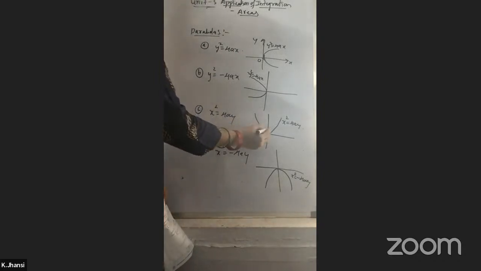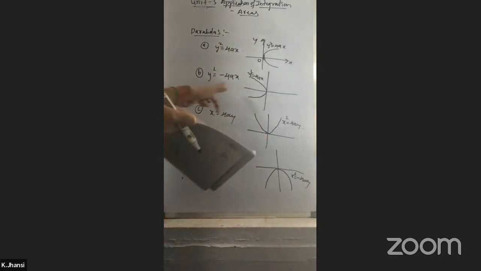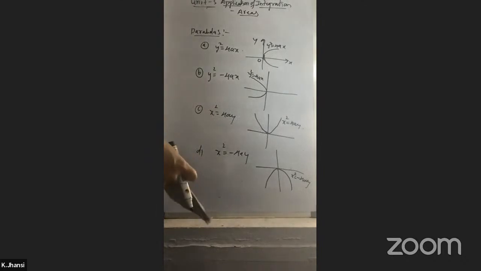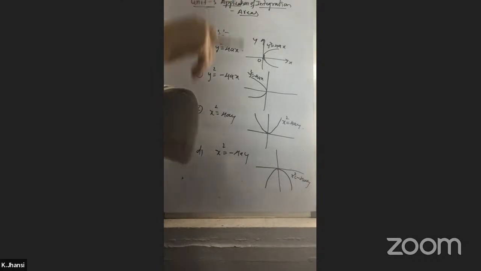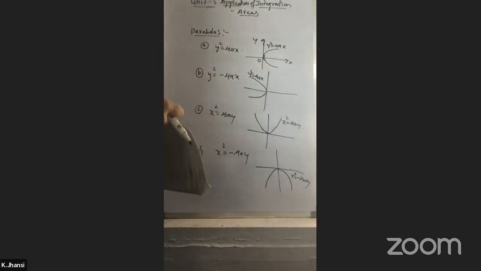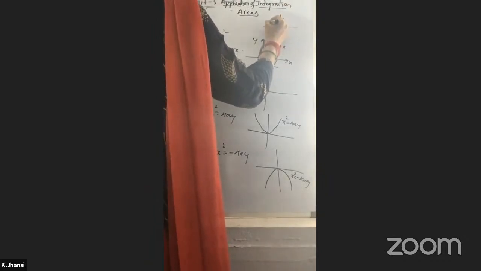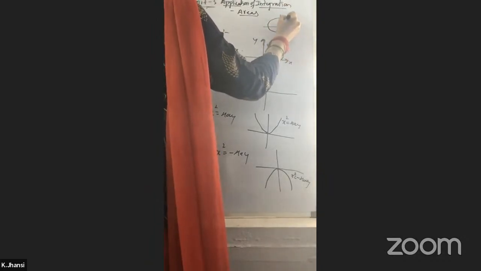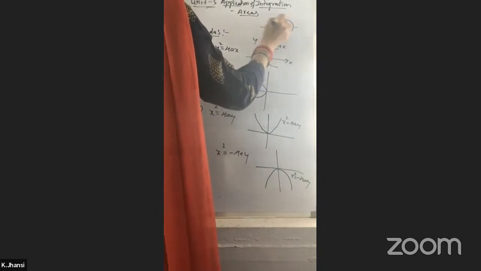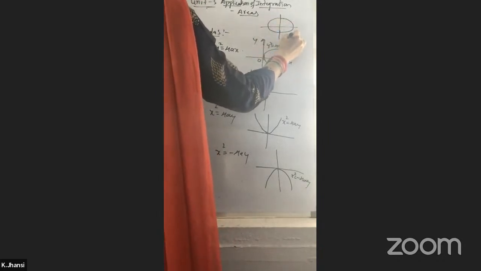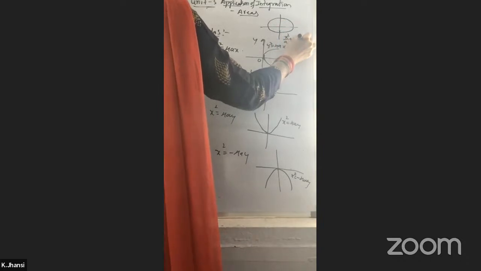Not only a single parabola, they will ask one curve or any one line and one parabola. A combination of two curves will be there. And a circle you know already, and you can see the ellipse will be there. The ellipse will be like this, x square by a plus y square by b equals 1.